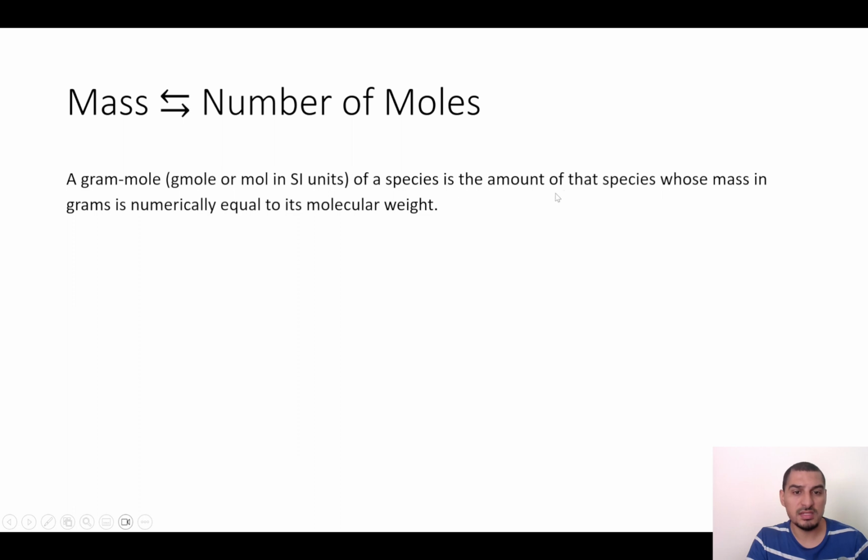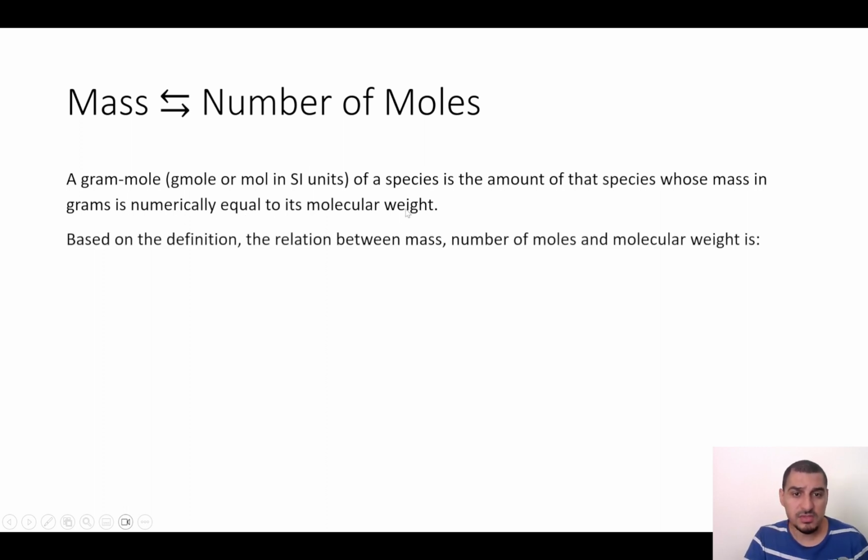So gram mole is the amount of a species whose mass in grams is numerically equal to its molecular weight, which means that, let's say water has a molecular weight of 18, so 1 mole of water is 18 grams, which is the amount of species whose mass in grams, so 18 grams, is numerically equal to its molecular weight. Okay, so this is how we define it.